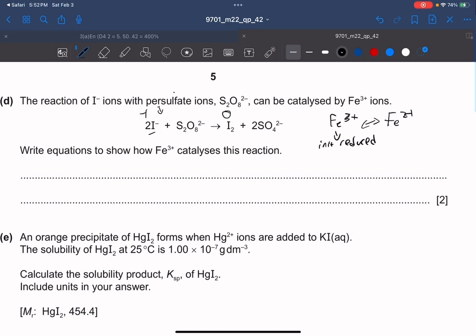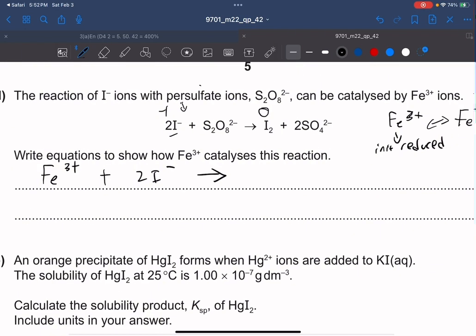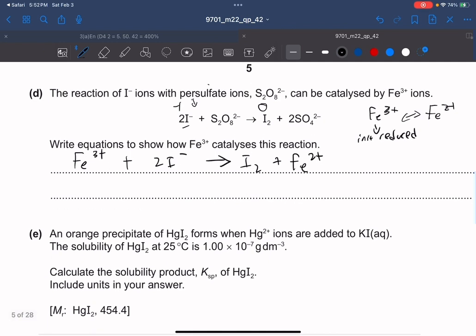So it means the reaction with Fe3+ is going to be with 2I minus. Here we have to figure out what's going to be on the other side. Again, as I mentioned, the only other state of Fe that we have is Fe2+. So we just have to find a way to balance this whole equation now.